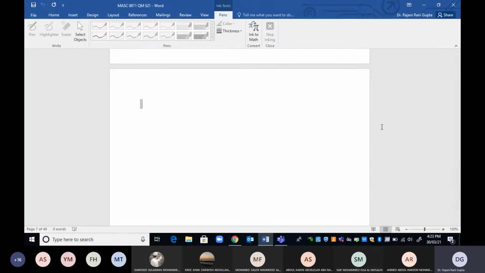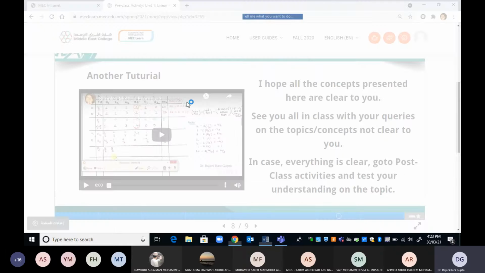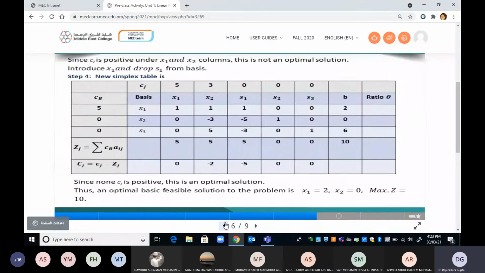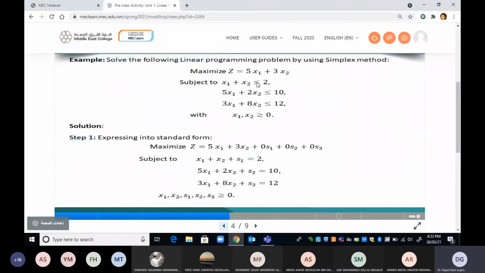So if we see this example, what is done? First of all, this question was given. It is converted into the standard form first. This is the very first step. After that, the initial basic feasible solution is found. And then only the iteration was done.